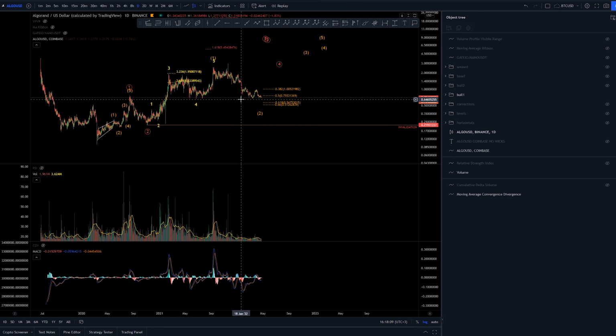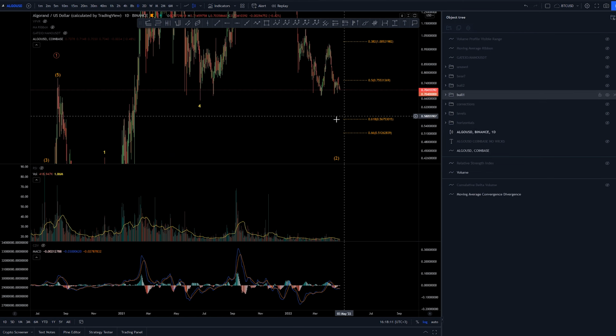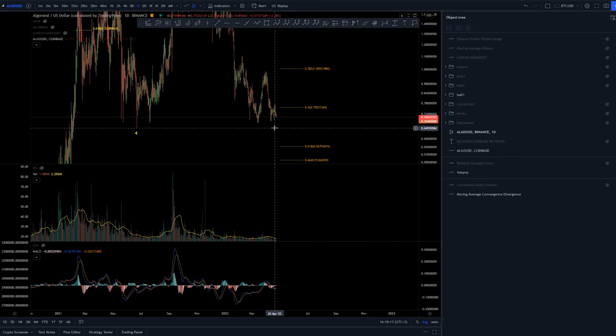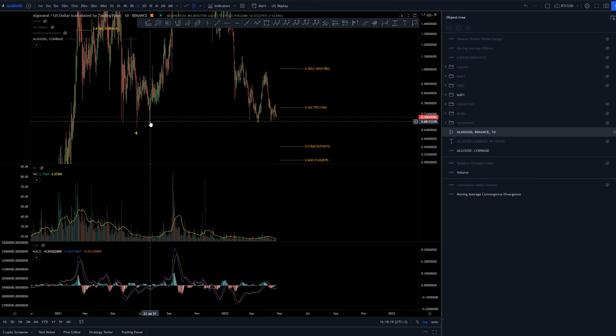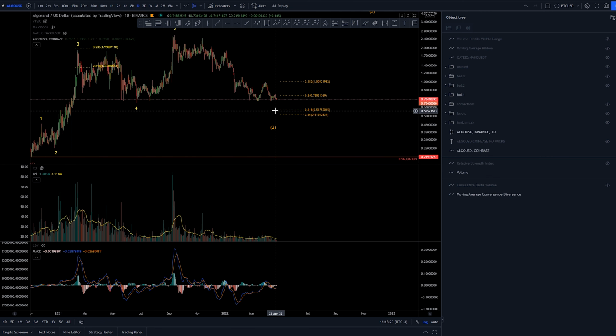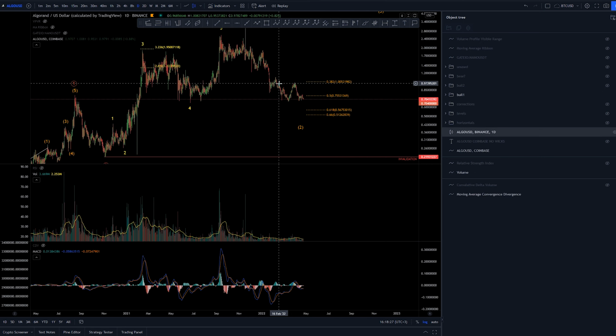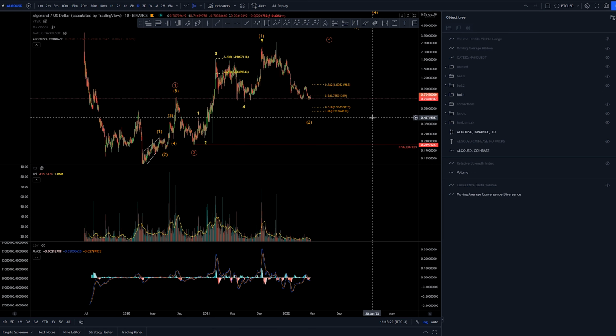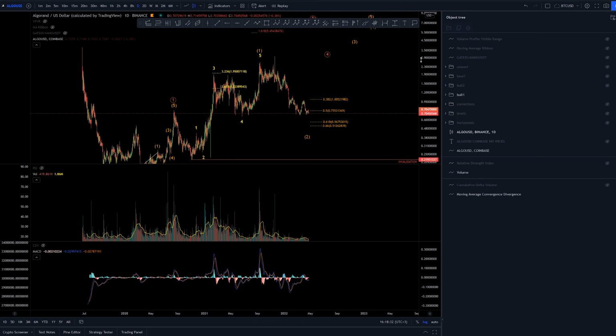Say this support right now where we are at, there's most likely going to be lots and lots of stop losses around and below these current lows that we had at around this 65 cent area. So if we go below that, I would be expecting some kind of dip here before probably rocketing up, if this count is to be trusted.